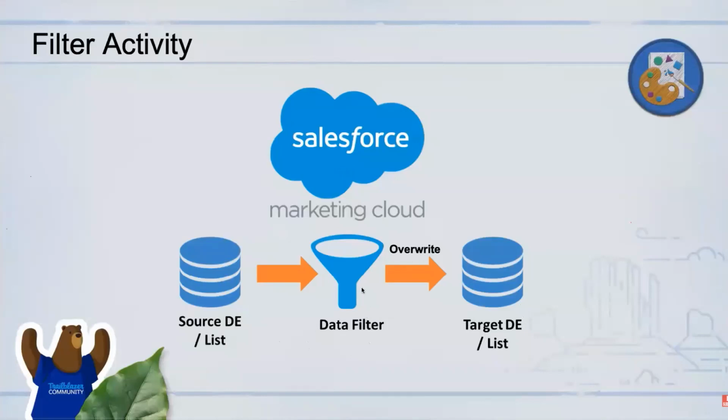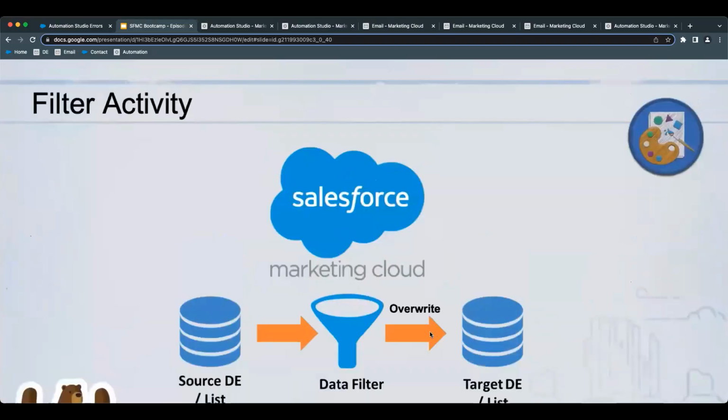If you run this filter activity in an automated fashion, for example over a schedule like daily, hourly, weekly, and so on, then every time this activity runs, it will filter the source data and overwrite the filtered data into the target data extension or list.